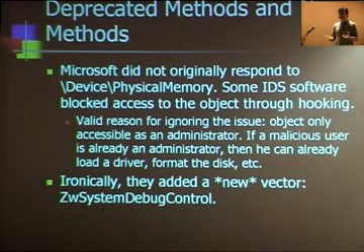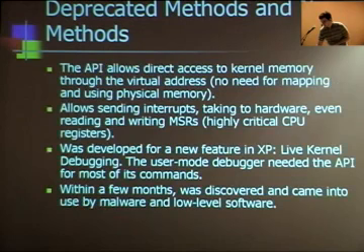Their big security idea is that if you're an administrator, you are root, you are God. So there shouldn't be anything stopping you from bypassing ring privilege levels. And in XP, they actually added an API which made things even easier, called ZwSystemDebugControl.